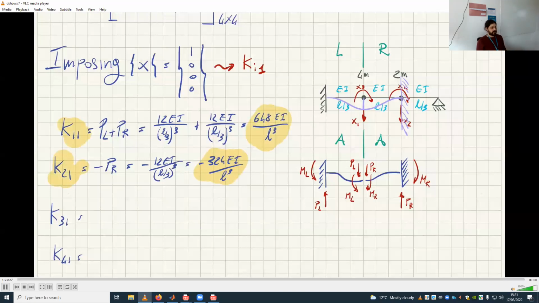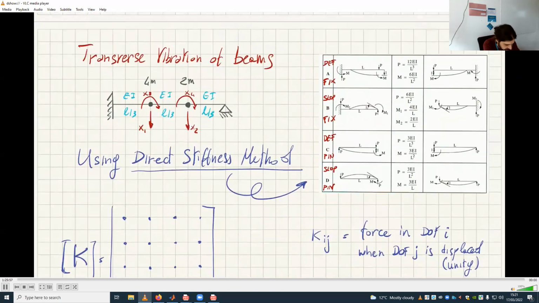Let's look at K31. K31 is the third degree of freedom, is this one, and this one is MR minus ML. And they are exactly the same because they come from the same table. They are equal and opposite. And also EI L divided by 3. So of course, this will give me 0, but let me do it properly.